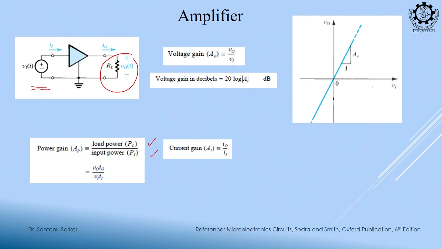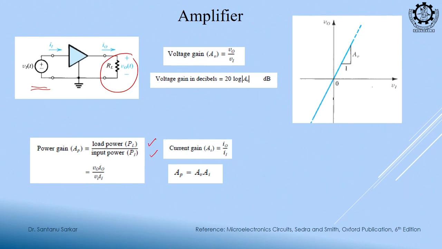Similarly, we can also calculate current gain. What is current gain? Output current is I0, input current is Ii, and their ratio. So, if we multiply this voltage gain with this current gain, we will get back our power gain. Okay.